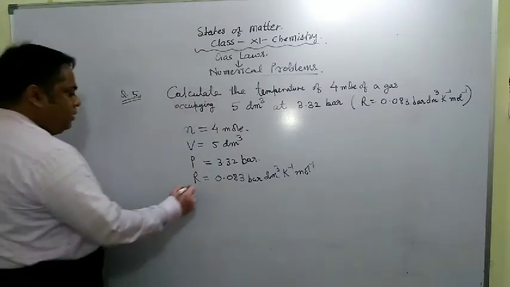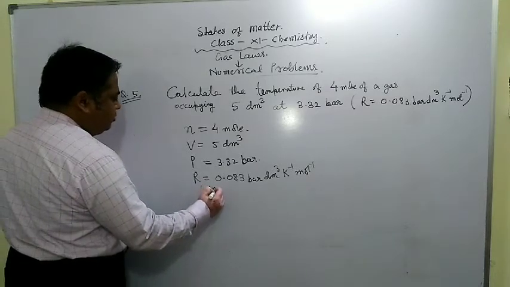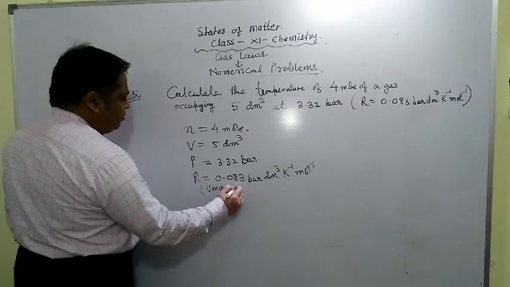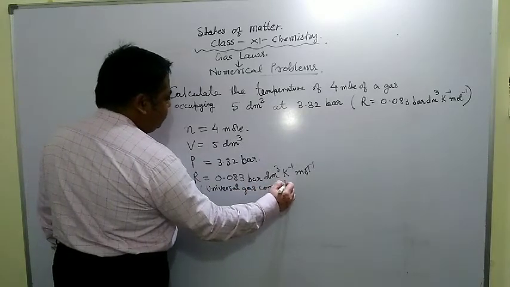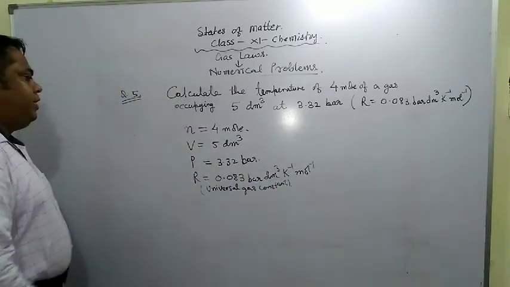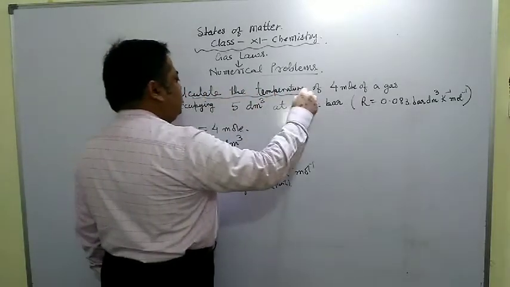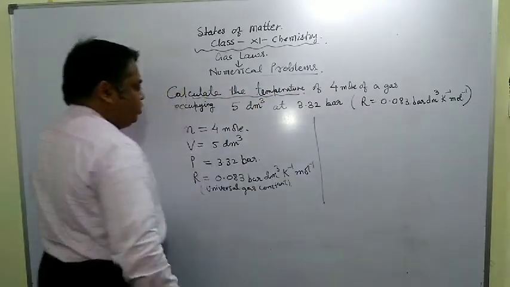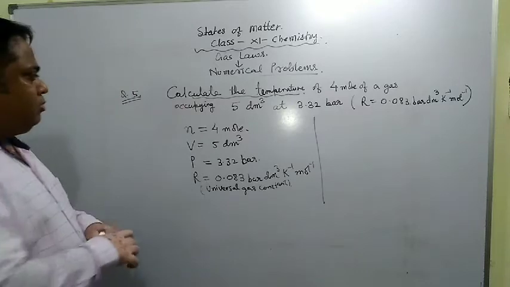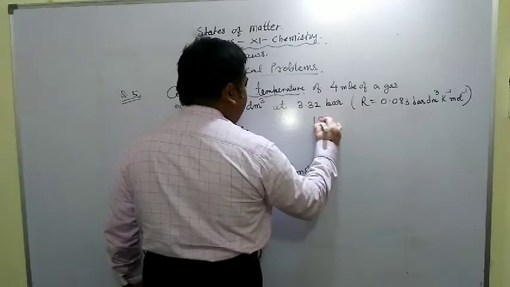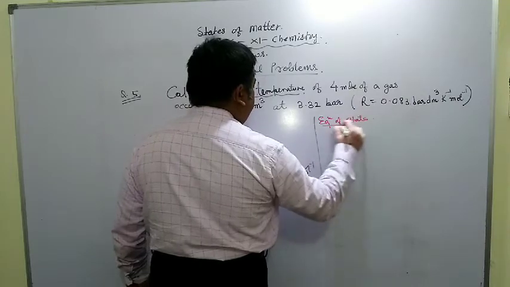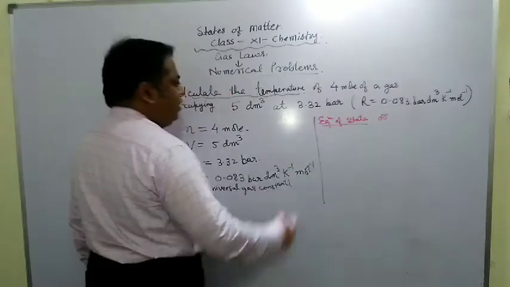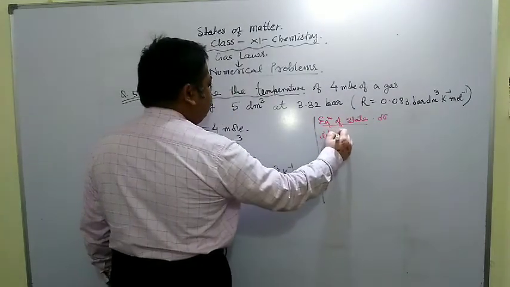Now this is nothing but the universal gas constant. We have to find out the temperature. So which equation can we use? We can use the equation of state, or the ideal gas equation.